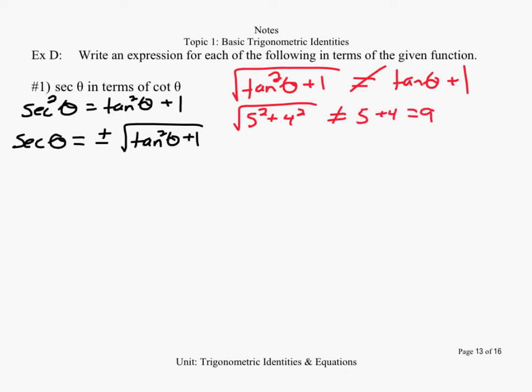Agreed? If you followed order of operations and you took 5 squared, which is 25, 4 squared, which is 16, that would give you 41. Square root of 41 is not 9. So the point is, when you do radicals, if there's pluses or minuses in it, you can't just take the square root.